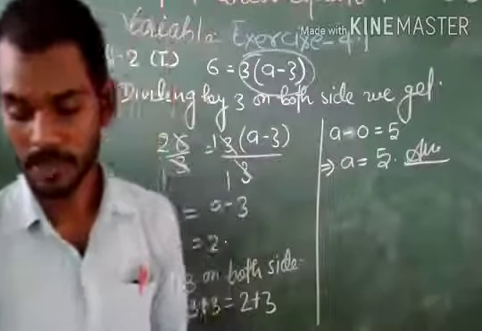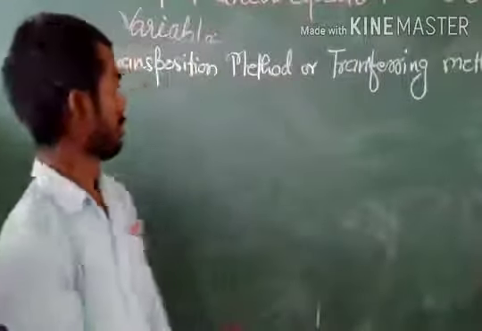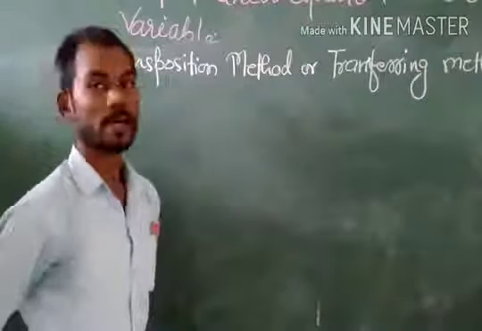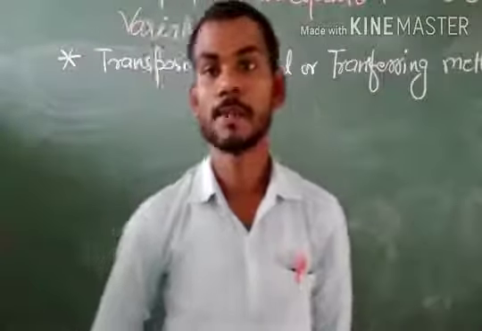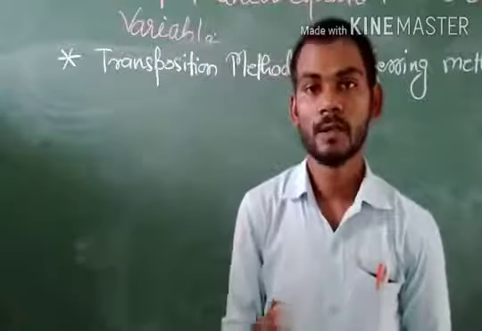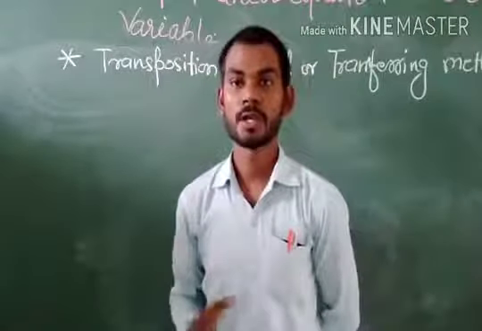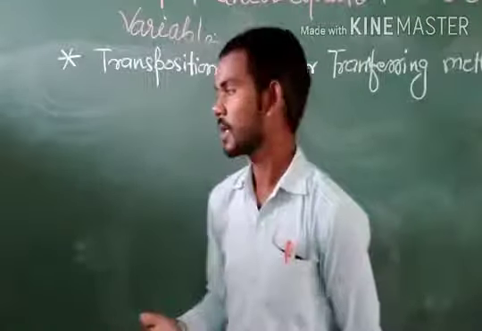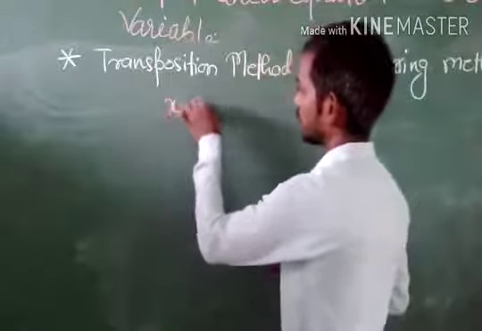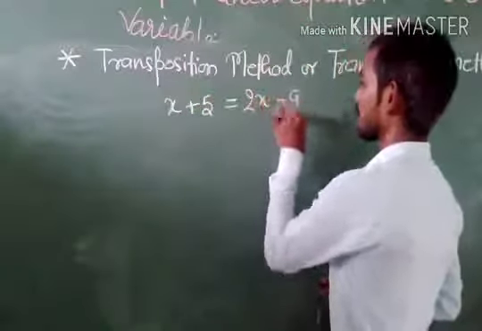What is the transposition method? In this method, the process of transferring the algebraic terms from the left hand side to the right hand side is called transposition or transferring. Let us suppose a linear equation x plus 5 is equal to 2x minus 9.